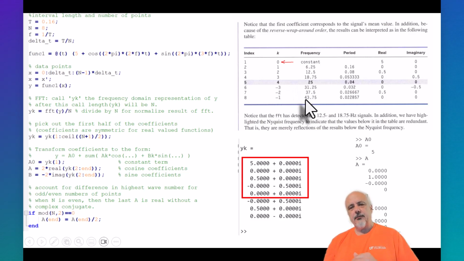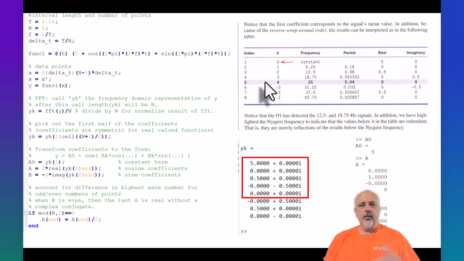The 1, 2, 3 have conjugates. So 6, 7, 8 are flipped in order, and these values are actually conjugates of what you had in the first part. But if it's even, you don't have a conjugate for that middle point there, the 4.